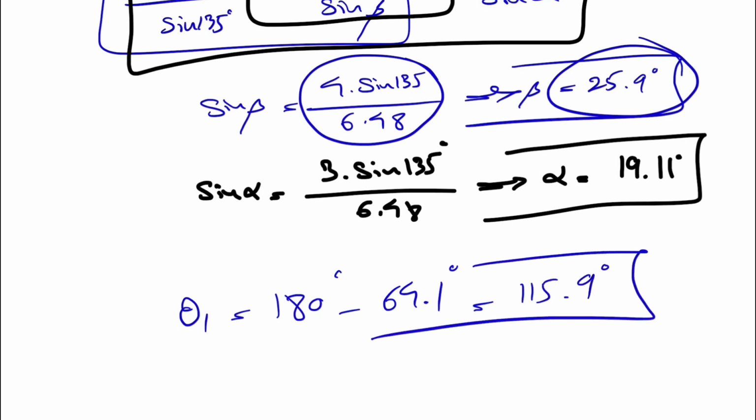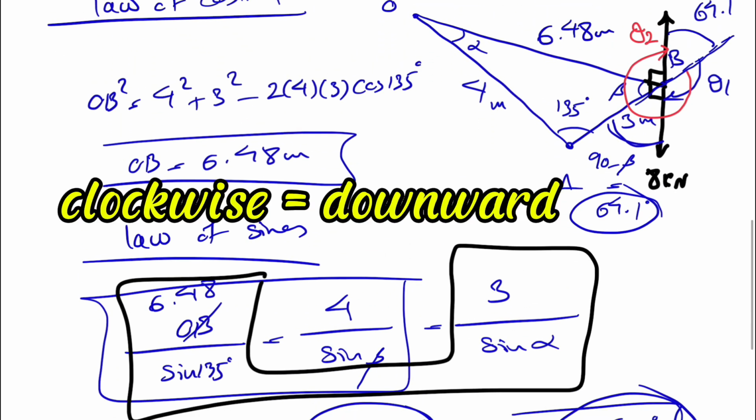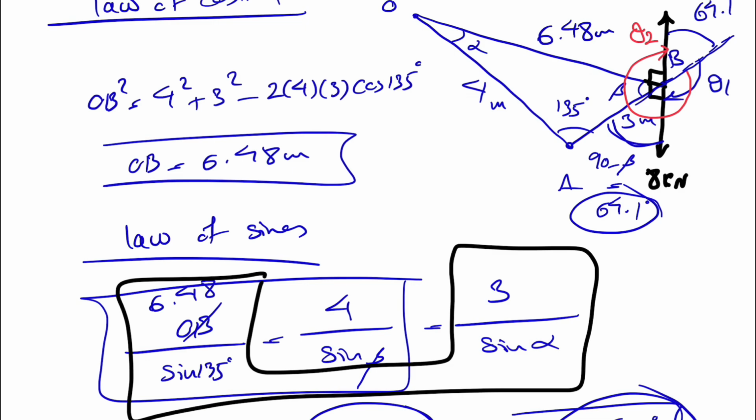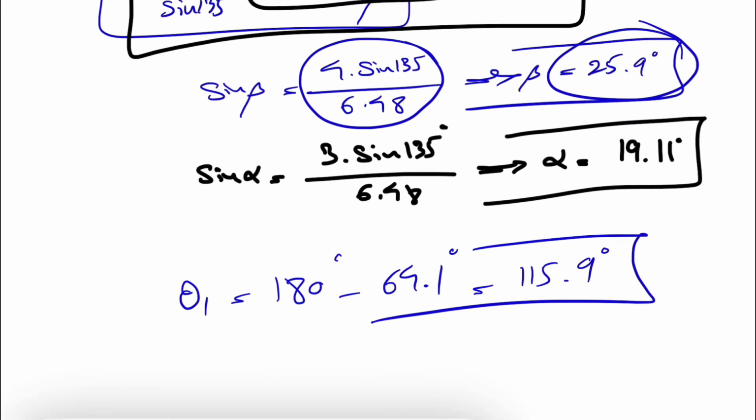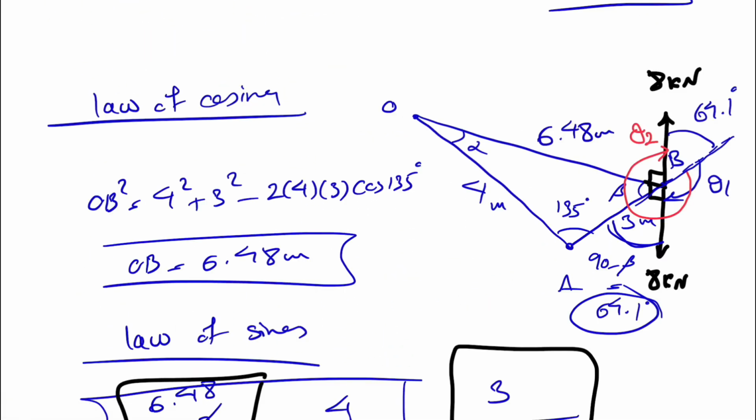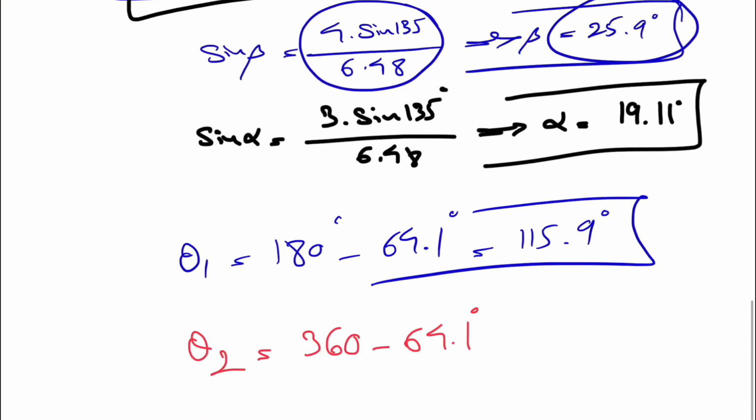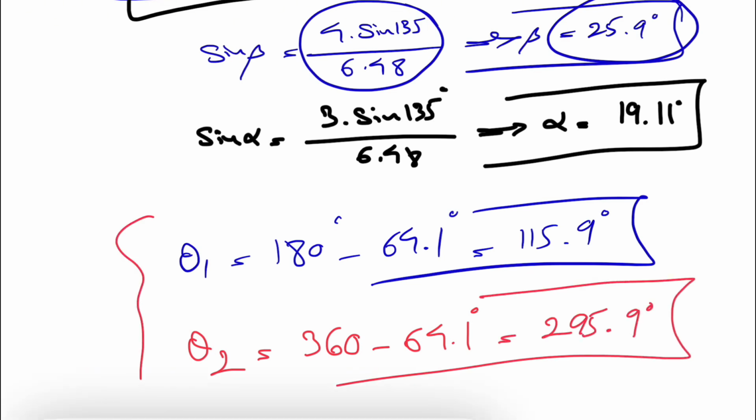That's one of the thetas when we have the moment downward, like downward-ish, because it's a little bit leaning toward the left. And if you want to find theta 2, we basically have 360 minus 64.1, which will be 295.9. And those are the two angles that we were trying to figure out.